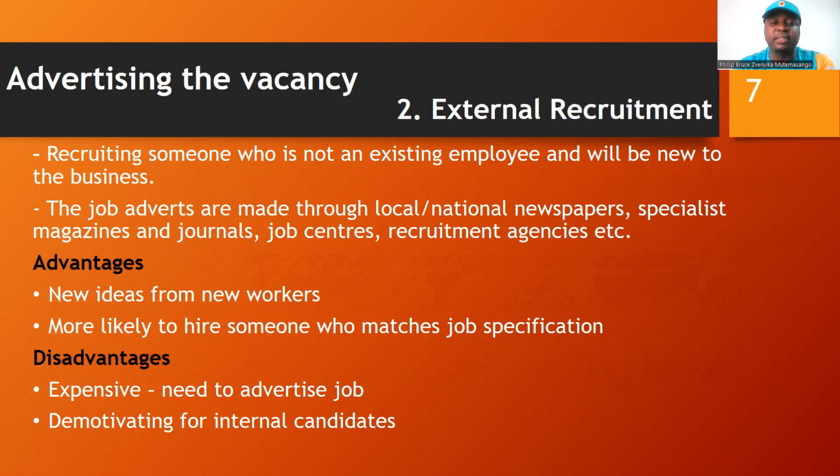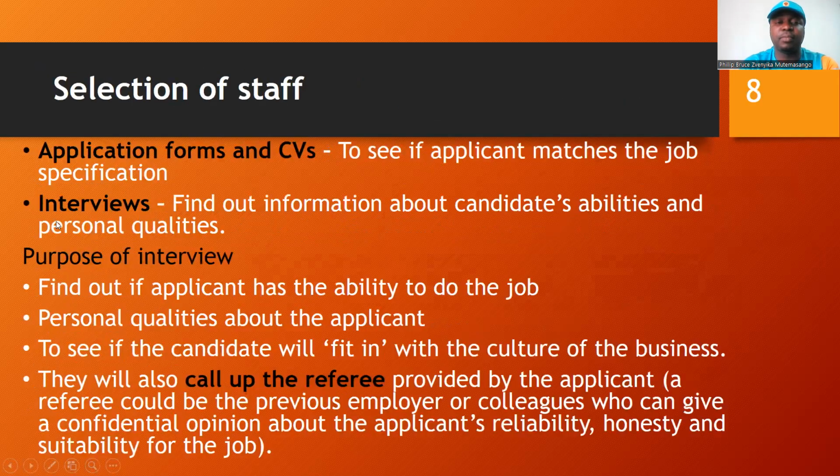And also, it is demotivating for internal candidates. They also feel like you don't value them, their skills, their experience, their knowledge, because you are considering someone from outside the business organization and not from within. So they also feel demotivated if you go on to attract someone from outside the business environment.